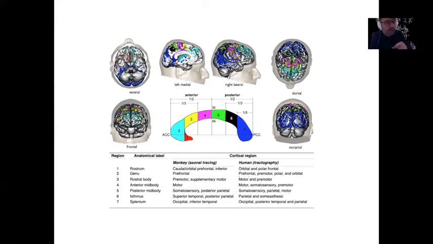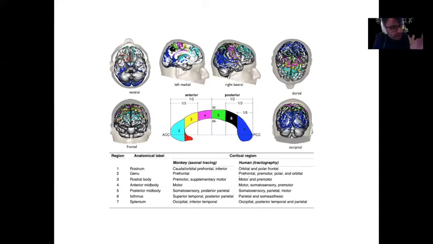It goes that far. Then going slightly more posteriorly, you have the rostral body, where you have motor and premotor cortex, and then in 4, in pink, you have the motor and the somatosensory cortex.